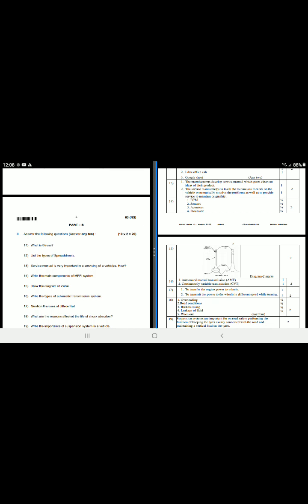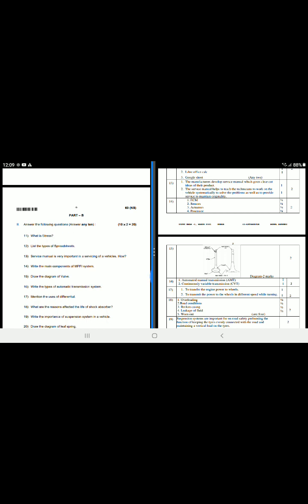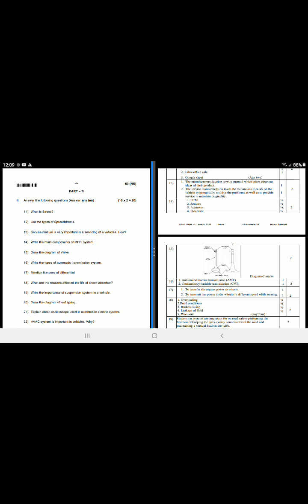Next, 17th question, mention the uses of differential. To transfer the engine power to the wheels, and to transfer the power to the wheels at different speeds while turning. Next, 18th question, what are the reasons that affect the life of shock absorber?